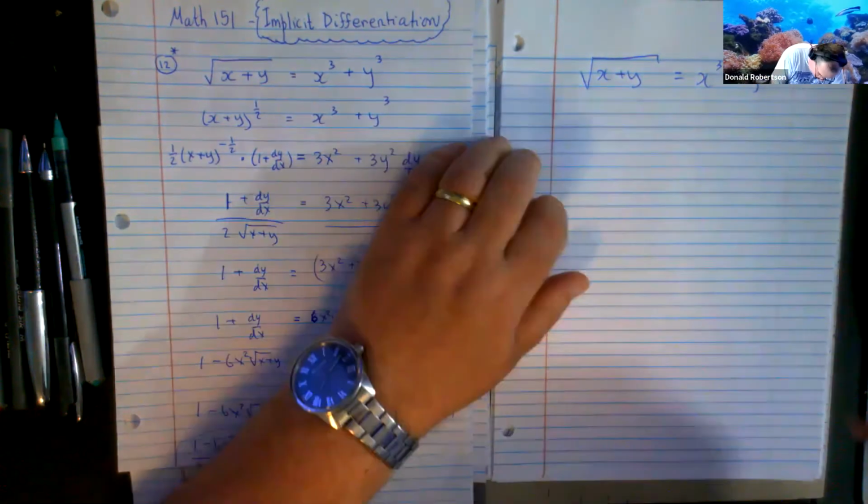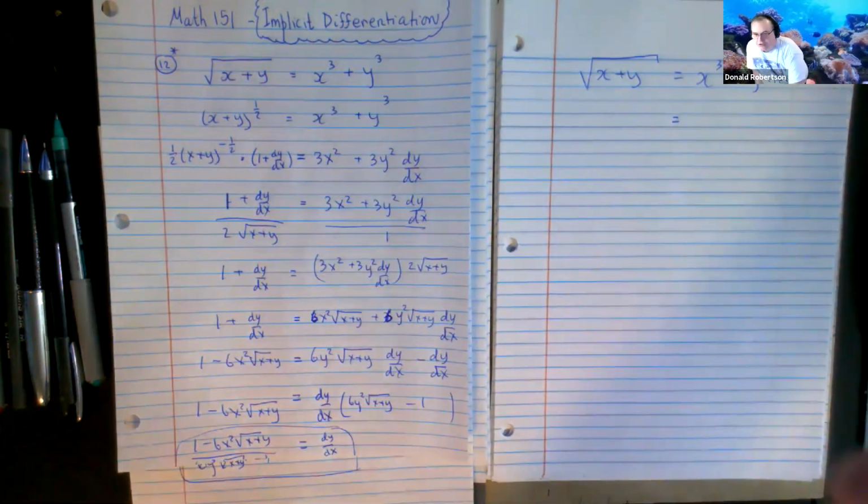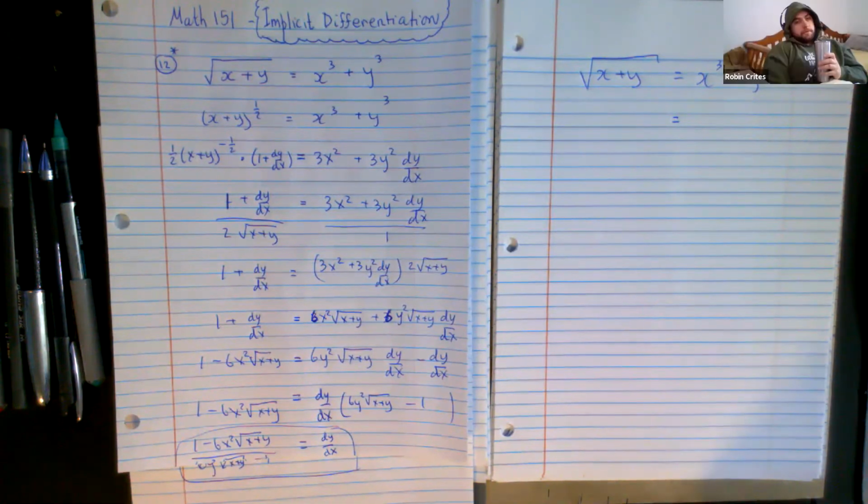What do you think I'm going to do to both sides to make that question no longer have a square root? You said it, Robin, again. Square it.